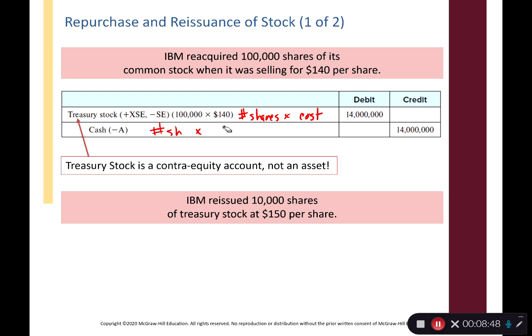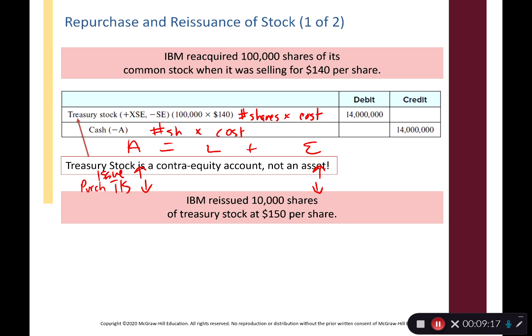Basically, this is the opposite impact of issuing shares. So if I do my A equals L plus E, what happens when I issue shares is assets and equity both go up. So when I buy back my shares, it only makes sense when I purchase treasury stock that assets and equity both go down, because selling stock and buying it back are opposites.